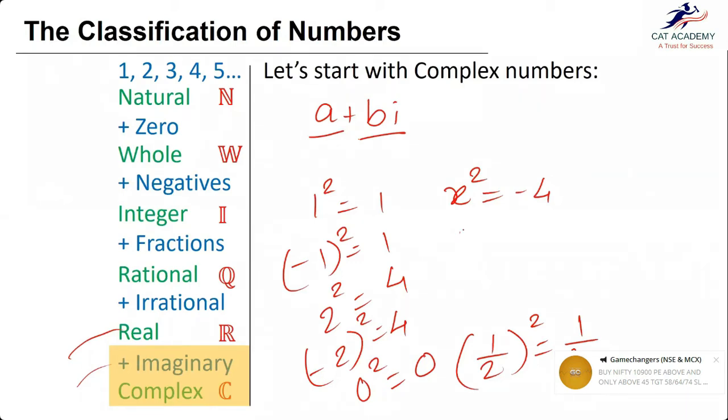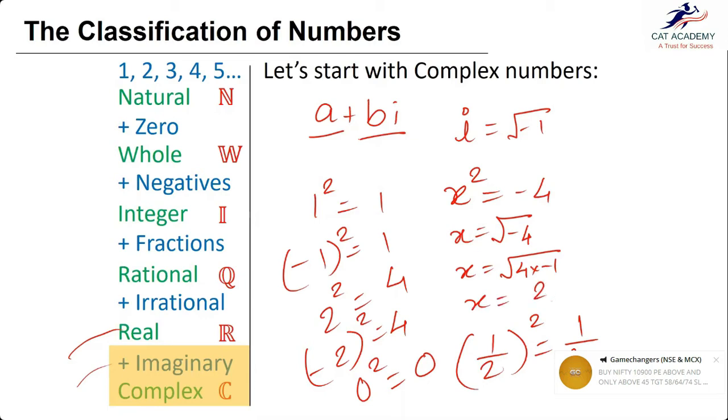So I say x is equal to root of minus 4, and I define an imaginary constant iota, where iota is equal to under root of minus 1. So x here can be written as under root 4 into minus 1, so x can be written as 2 into under root minus 1, which will be called as i.